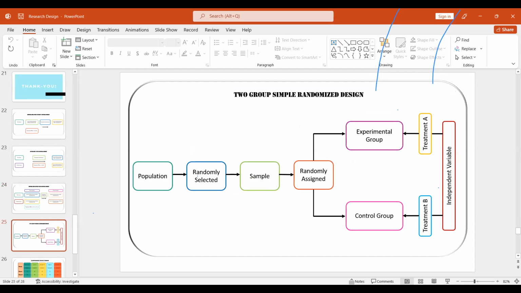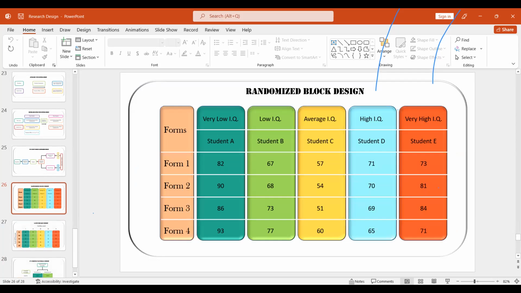अब ये two group sample design है. अब ये क्या, completely randomized block design. तो randomized block design में क्या, it involves two principles, that is principle of replication and the principle of randomization of experimental design.